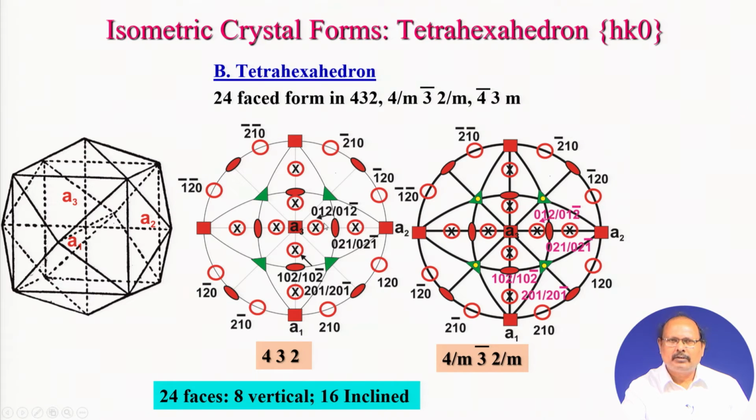So, this will be 012 here, and this open symbol here will be the one lying between 101 and 100, so this will be 201. In the same way, you have generated 3 open symbols here with the starting one.